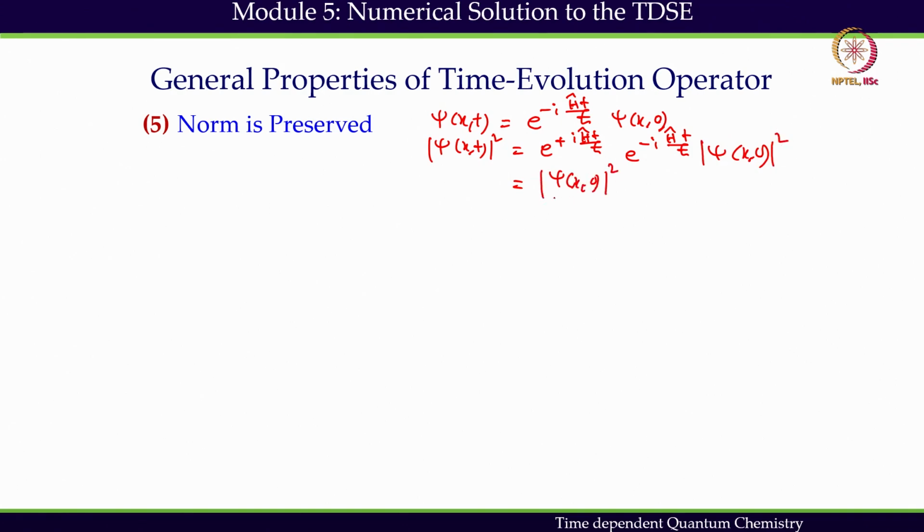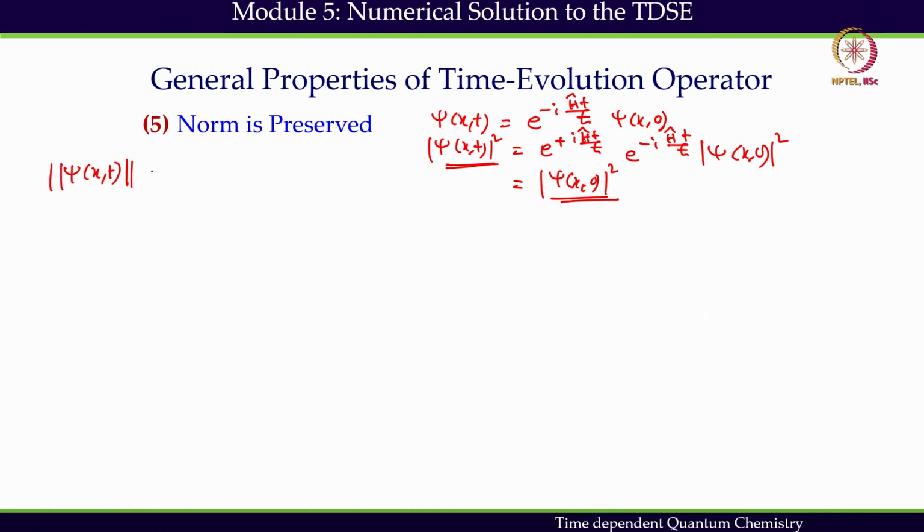So what we see is that at t equals 0, its norm, and at any arbitrary time t during the time evolution, its norm is going to be equal. So that is why we can say this is norm preserving.